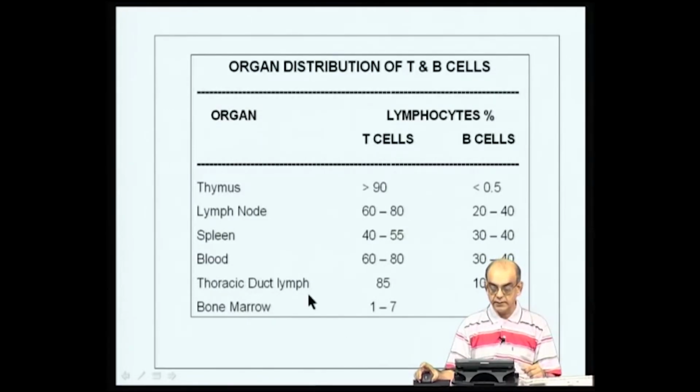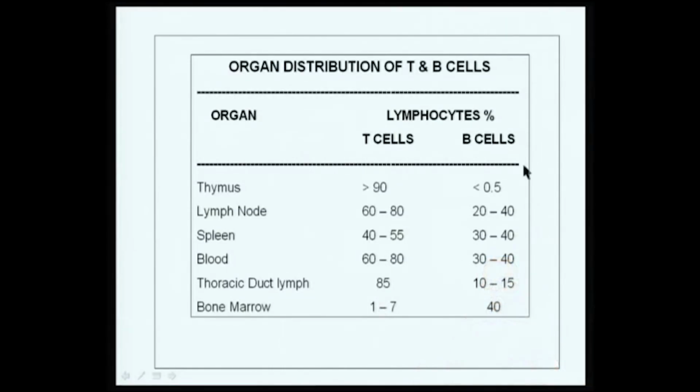Now, in the thoracic duct lymph, 85% being T cells which are migrating from the different tissue spaces and going back into the systemic circulation, and about 10 to 15% of the cells that are found in the thoracic lymph duct are B cells in nature. In the bone marrow, of course, the seat of stem cell production as well as B cell production, you have only 1 to 7% T cells, this is in the humans, and 40% B cells, whereas in the bursa of the birds you have majority of them being B cells.